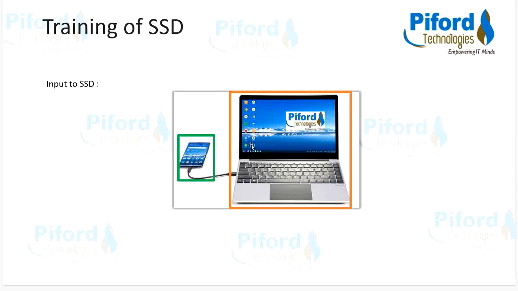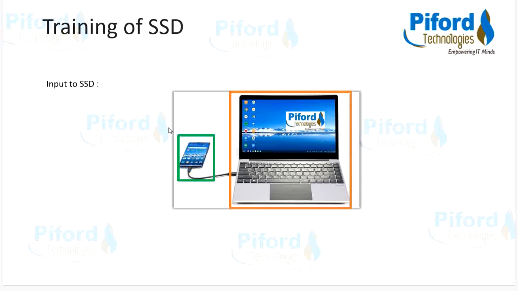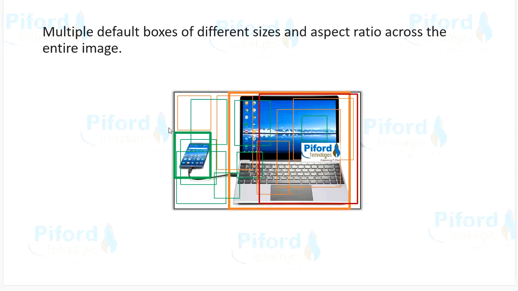So we have two objects in the image, and these images are with ground truth boxes. This is a requirement: the input to SSD should be with these ground truth boxes. And then we are having convolutional layers, as I've just shown you in this picture.